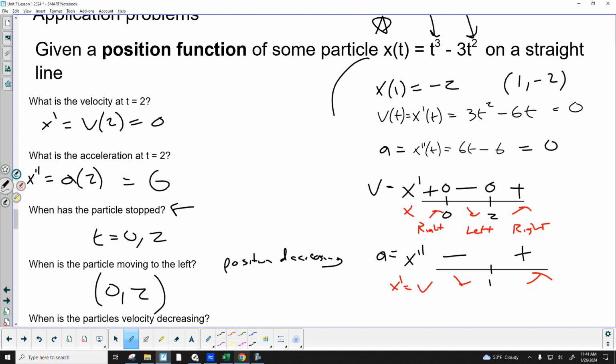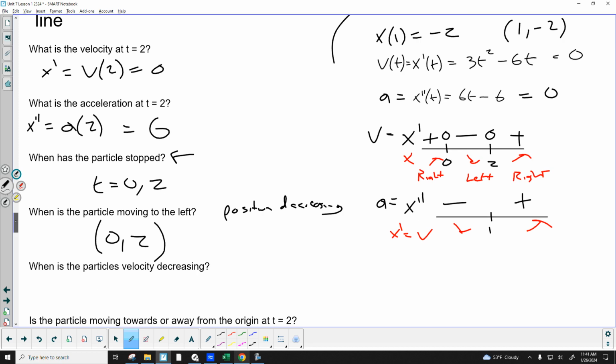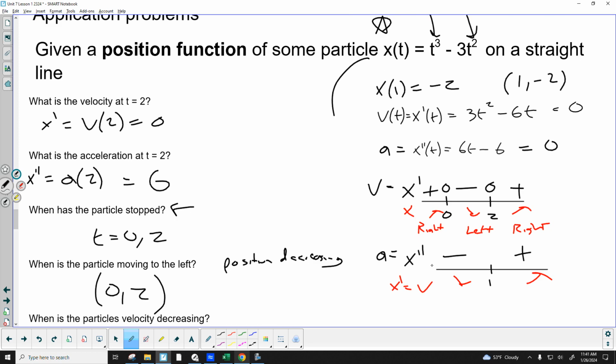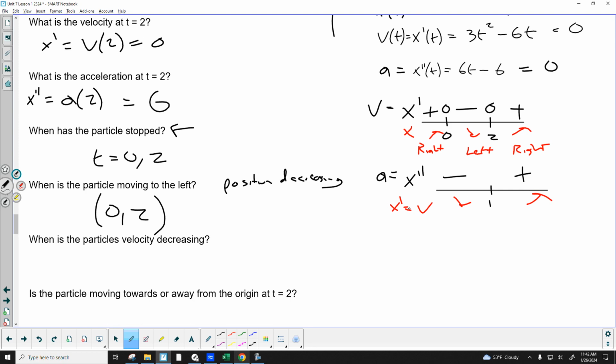What is my velocity decreasing? Yeah, for my time value, excuse me, my time value is less than 1. Now again, these are times. This is not x's. X's are now times, so all my times less than 1.